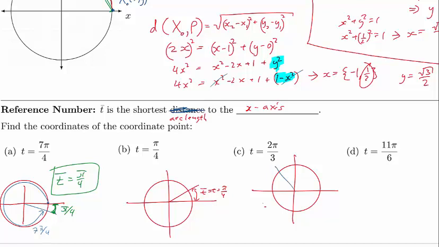Roughly right there. So that's 2/3 of a pi, and we just need one more third of a pi to get to the x-axis. So t bar equals pi over 3.